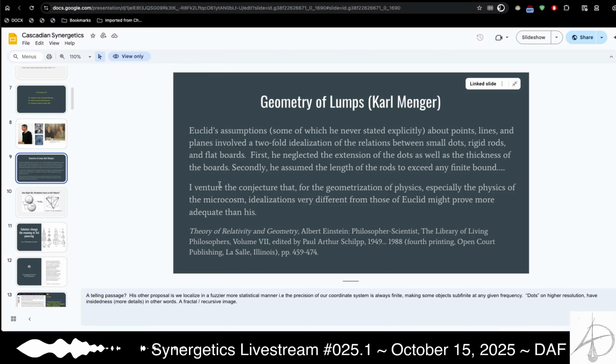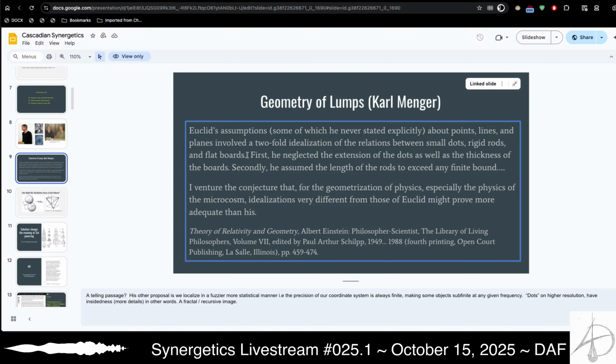Pulling back to this geometry of lumps. So, Euclid's assumptions, some of which he never stated explicitly, about points, lines, and planes, involve a twofold idealization of the relations between small dots, rigid rods, and flat boards. First, he neglected the extension of the dots as well as the thickness of the boards. Second, he assumed the length of the rods to exceed any finite bound.